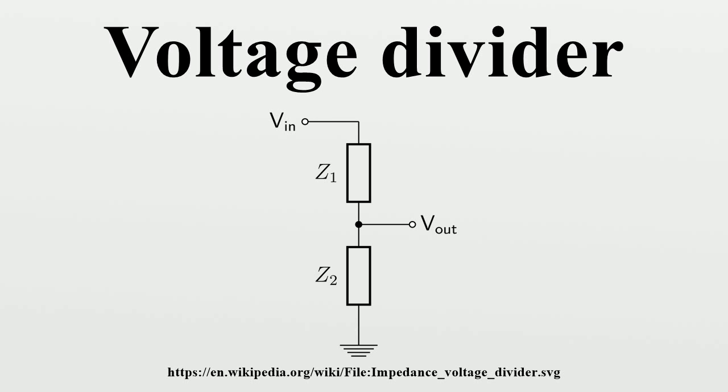In general, this transfer function is a complex, rational function of frequency. Examples. Resistive divider. A resistive divider is the case where both impedances, Z1 and Z2, are purely resistive. Substituting Z1 equals R1 and Z2 equals R2 into the previous expression gives the following.